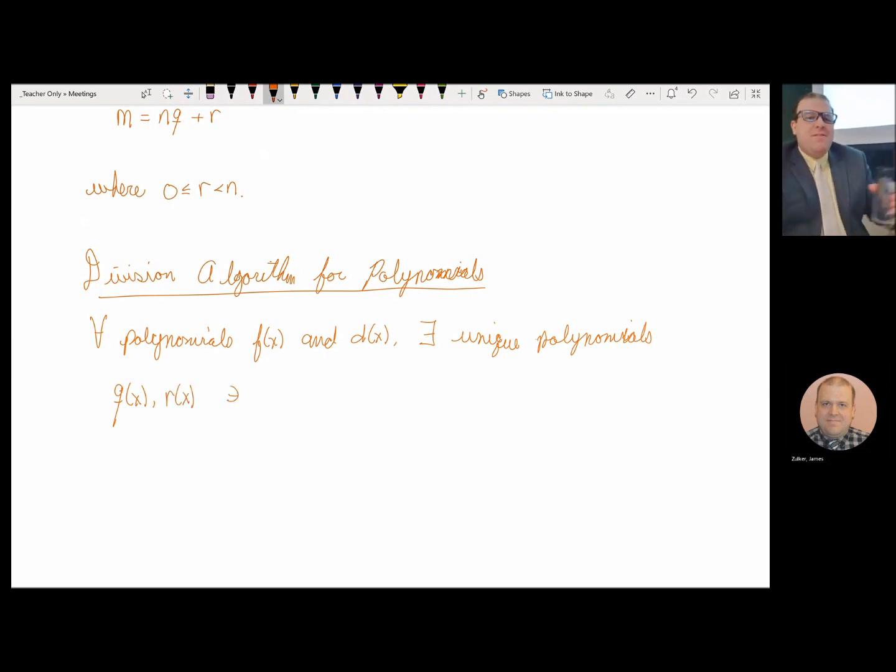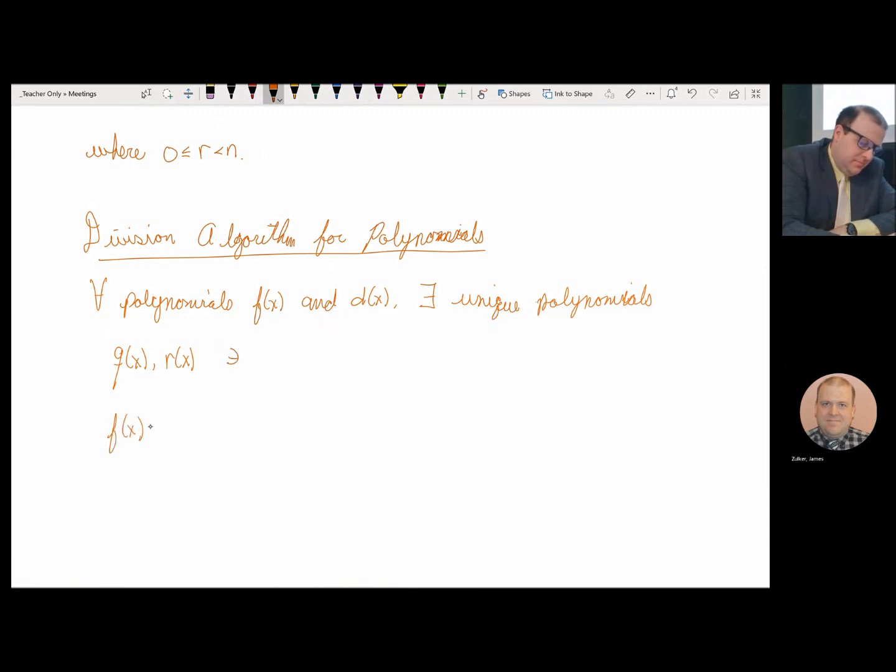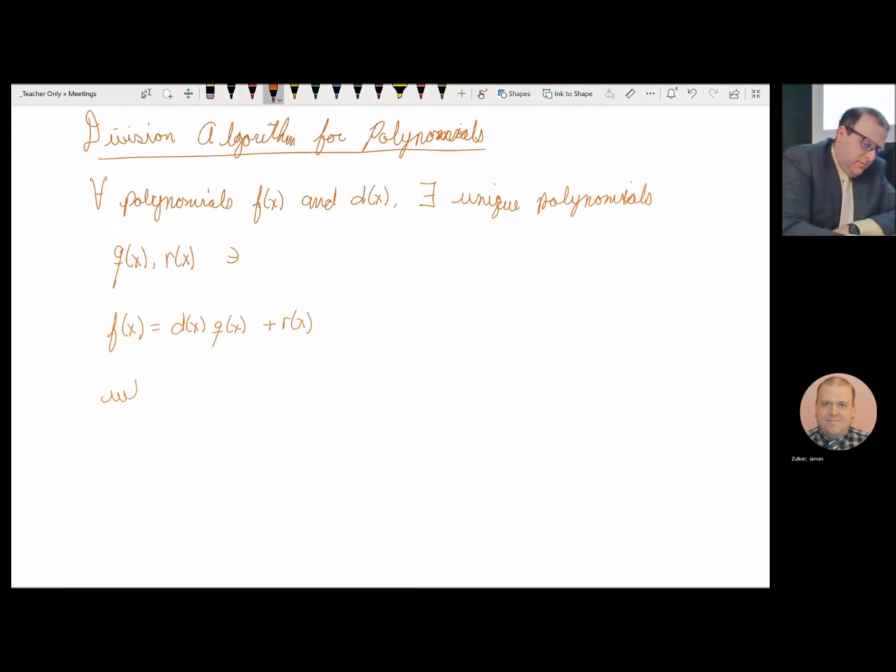So for all polynomials f of x and d of x, there exist unique polynomials q of x and r of x, such that f of x is d of x times q of x plus r of x, where the degree of r has to be less than the degree of d.